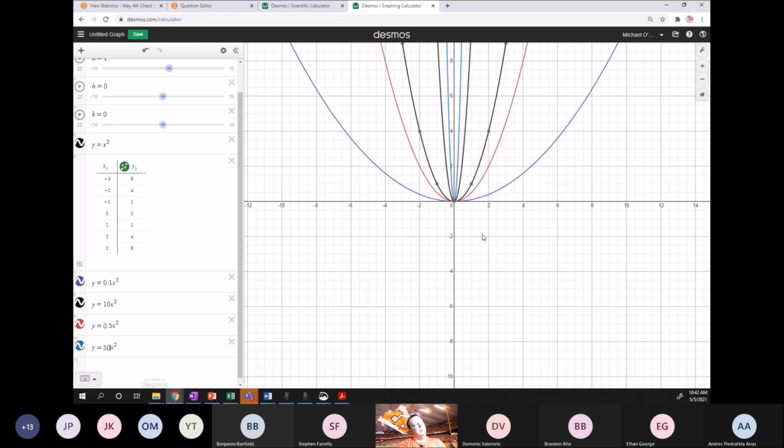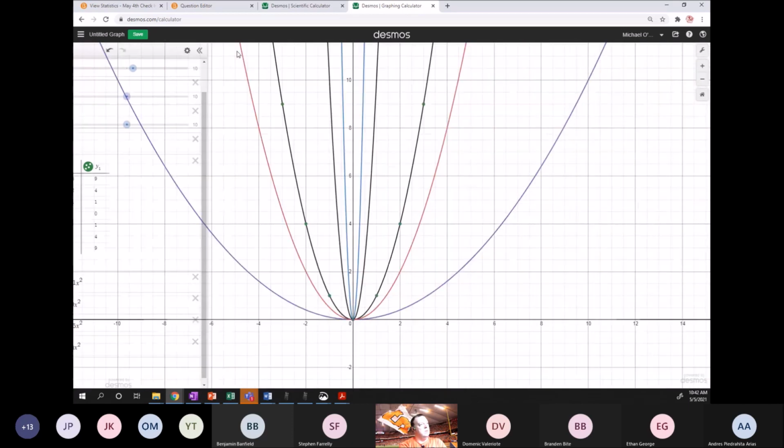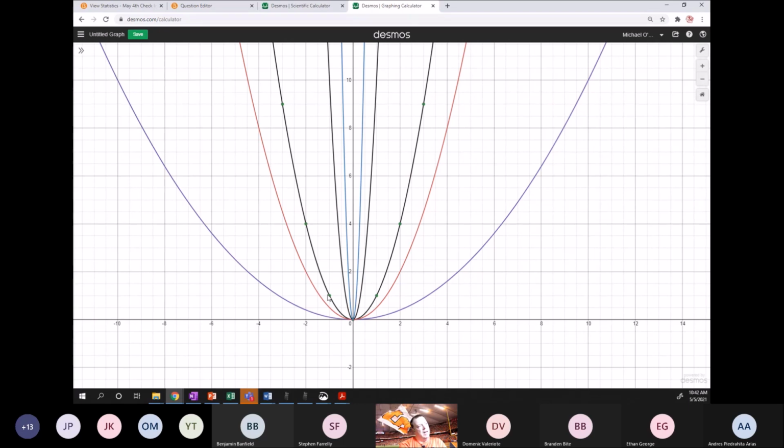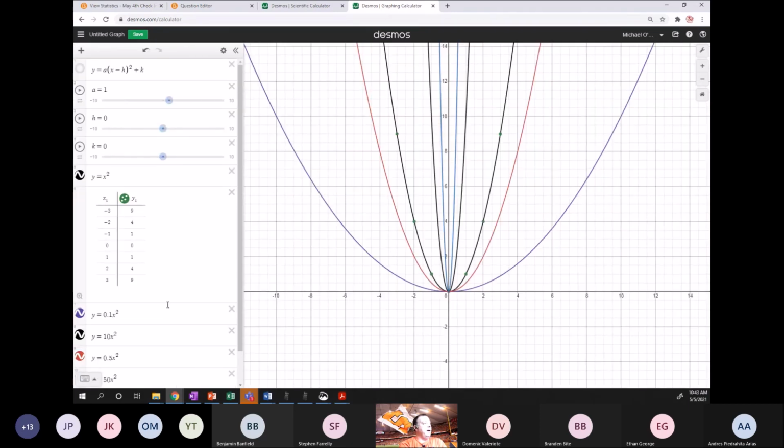I'll make one that is like a 20. So remember that this one here with the dots on it is our standard one, our parent one. Everything's built off of that. What would you describe happens? Let's take away my decimal place at once.